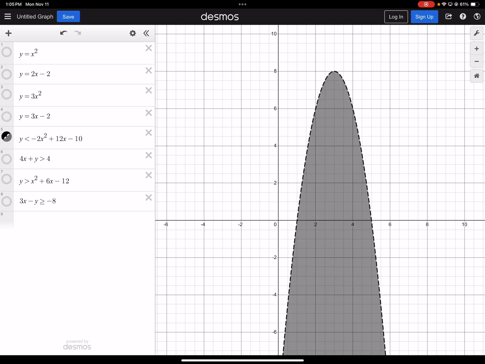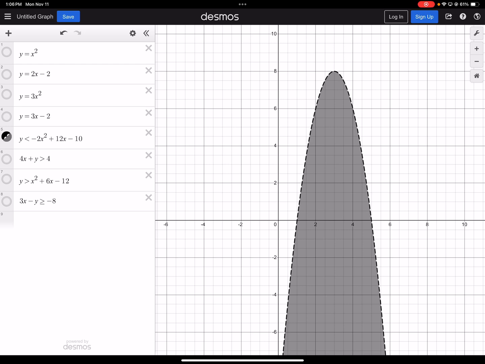There's what the first one looks like. And notice how it's shaded. Shading is done a little bit differently with inequalities. What you do when you're shading inequalities is you pick a point that's inside of the figure, and if it's true, then you shade in that area. If it's false, you would shade in the other area where that point wasn't.